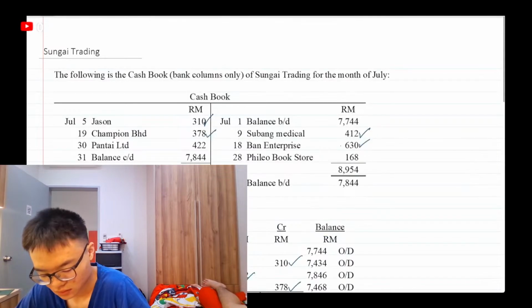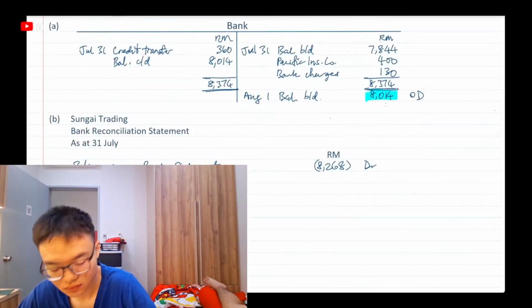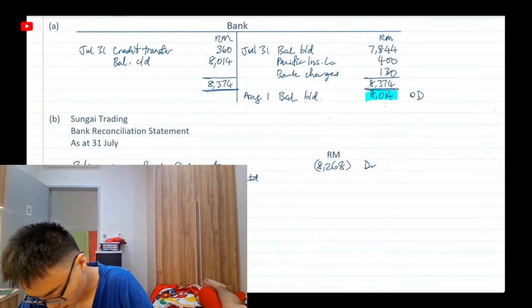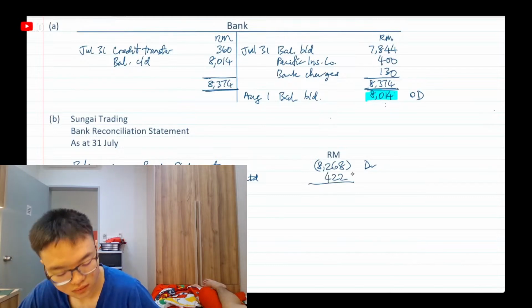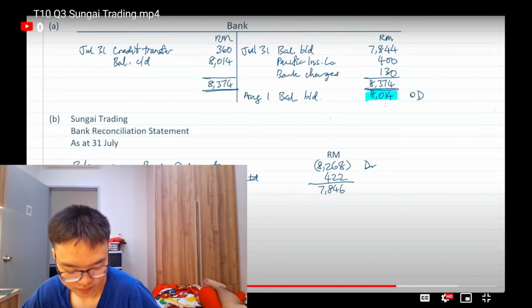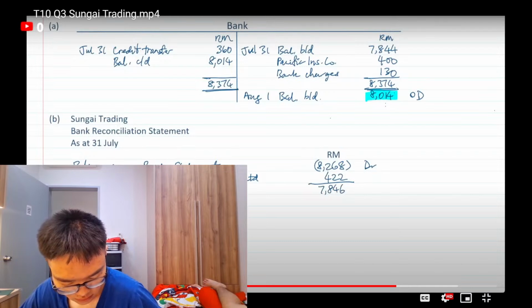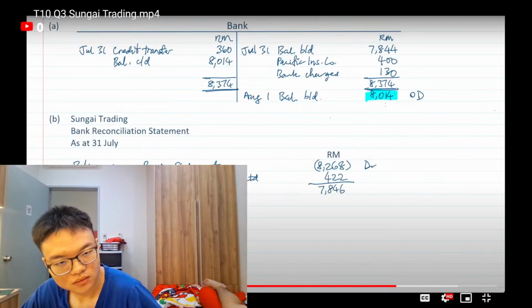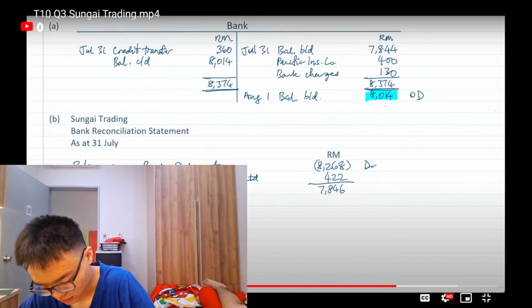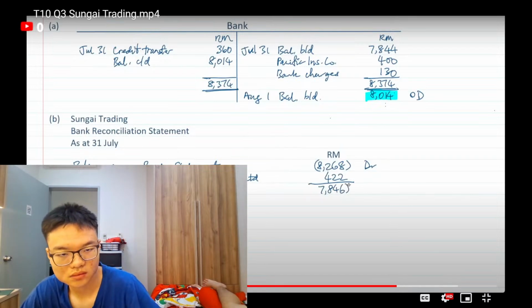This is from Pantai Limited. $422. And up you get 7,000. But it's still a negative balance.